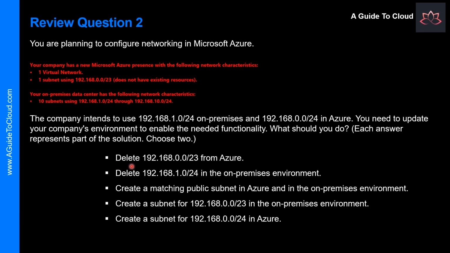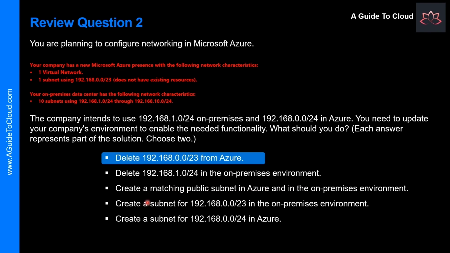So the first step we have to do is delete 192.168.0.0/23 from Azure because it overlaps with 192.168.1.0, which is intended to be used for the on-premises. So that is the first step. And the second is we need to create a new subnet in Azure. So definitely not deleting the second one. The third option is create a mismatched public subnet in Azure and on-premises.